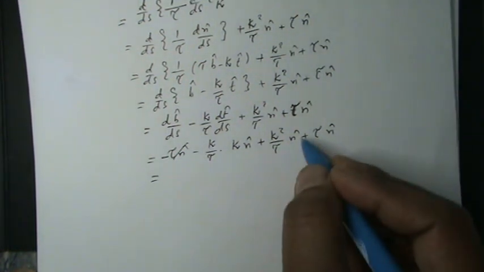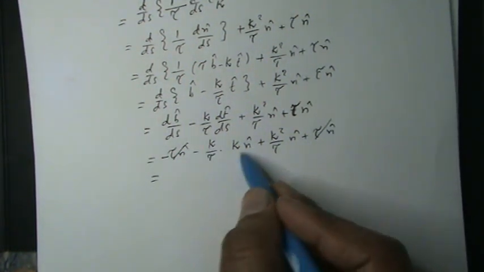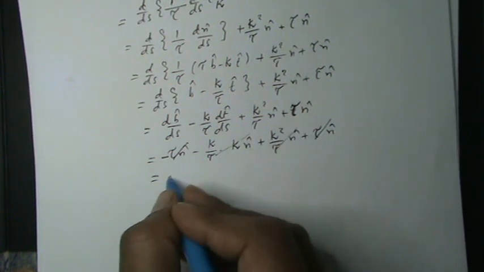So this cancels with this, and this term kappa square over tau n will cancel this. This is equal to 0.